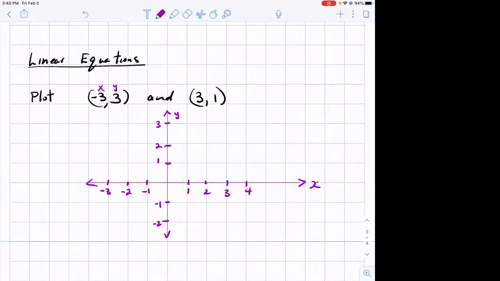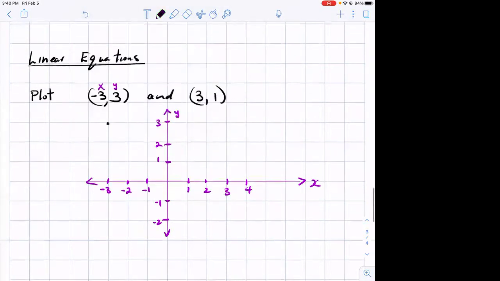So x is -3 and y is positive, so we go up here. So this is the point here, -3, 3.